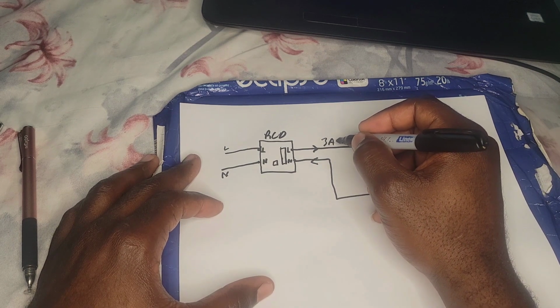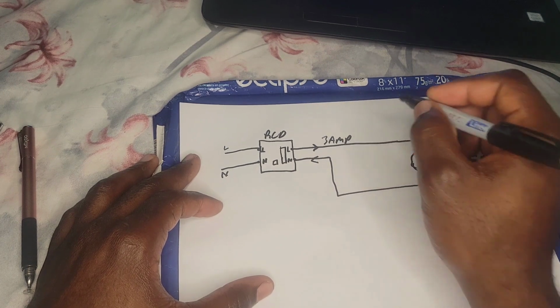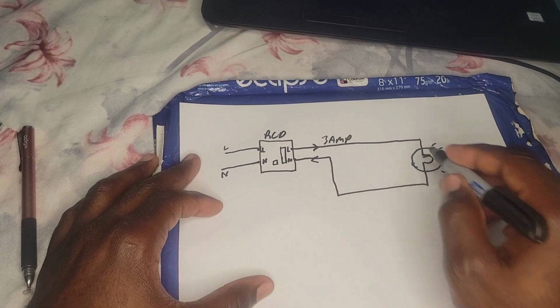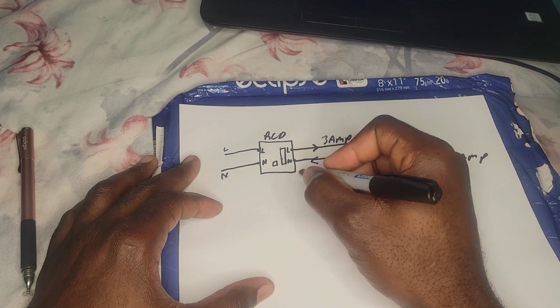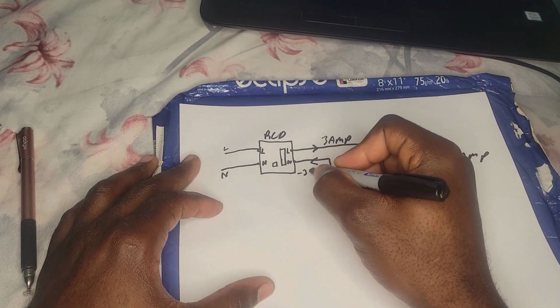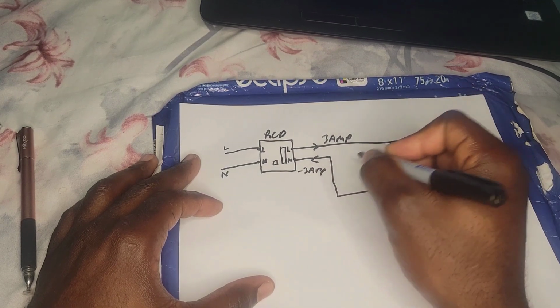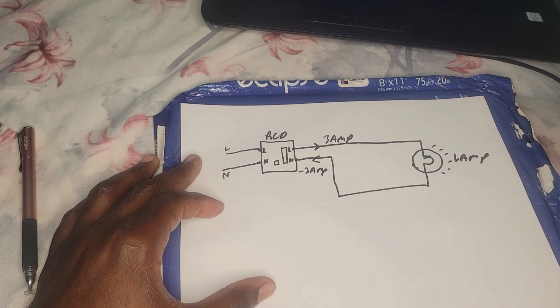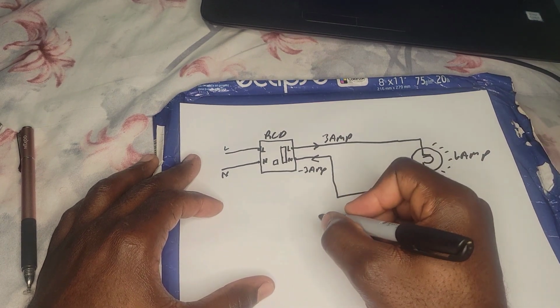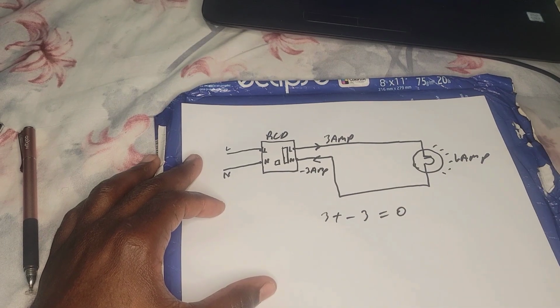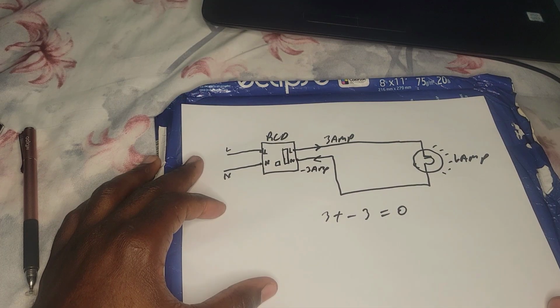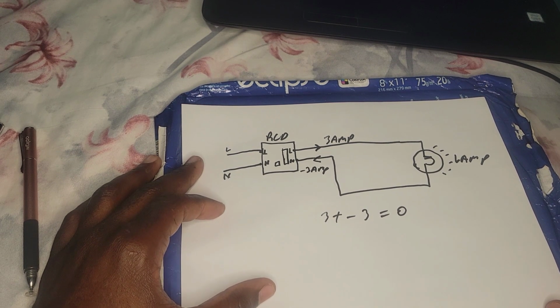Let's say we have 3 amp flowing into the lamp. In normal condition, you're supposed to have minus 3 amp flowing back through the return. So the sum of this, 3 plus minus 3, is supposed to give you 0. The sum of current leaving and returning to the RCD should be 0.